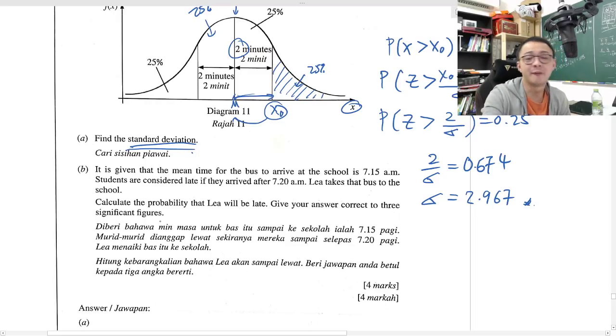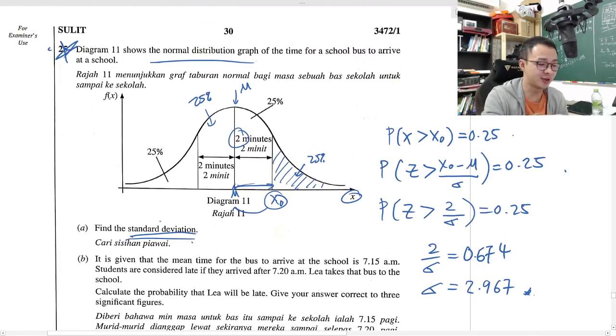So the mean is 7.15, it's given. And then they say late 5 minutes. 5 minutes is maybe somewhere here, so it's considered late.